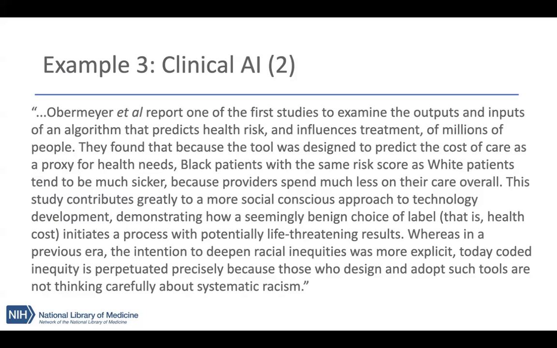This study contributes greatly to a more social conscious approach to technology development, demonstrating how a seemingly benign choice of label, that is health cost, initiates a process with potentially life-threatening results. Whereas in a previous era, the intention to deepen racial inequities would be more explicit, today, coded inequity is perpetuated precisely because those who design and adopt such tools are not thinking carefully about systematic racism.